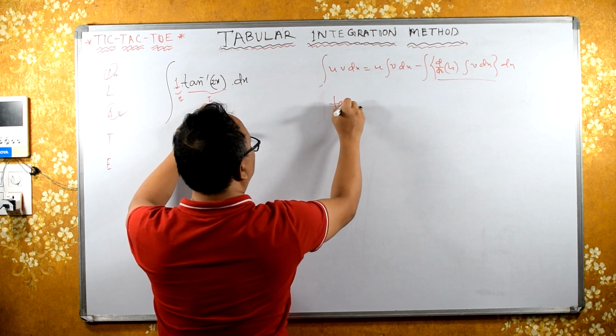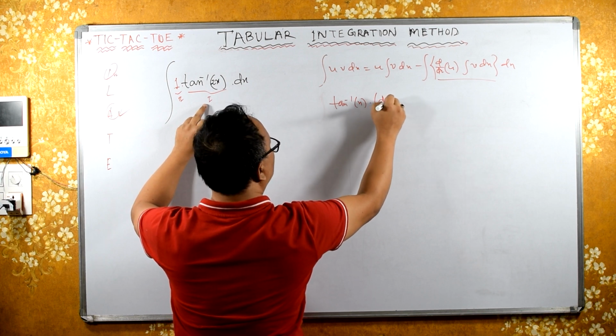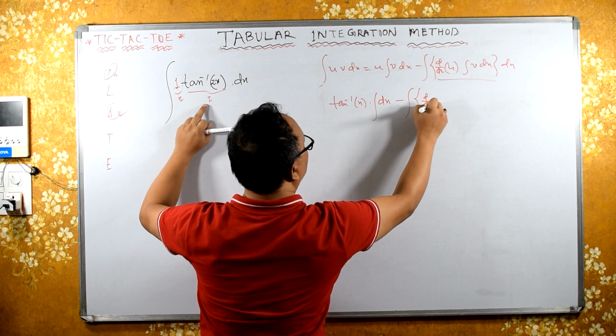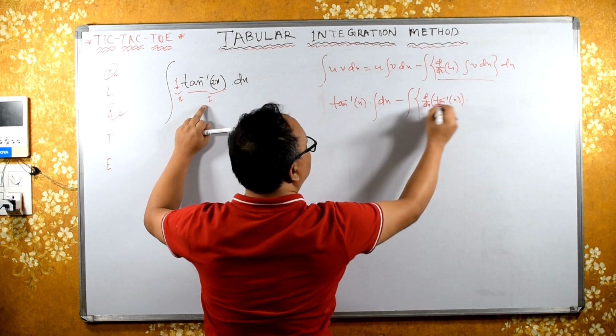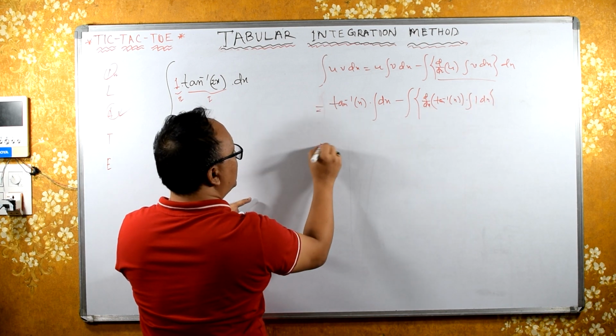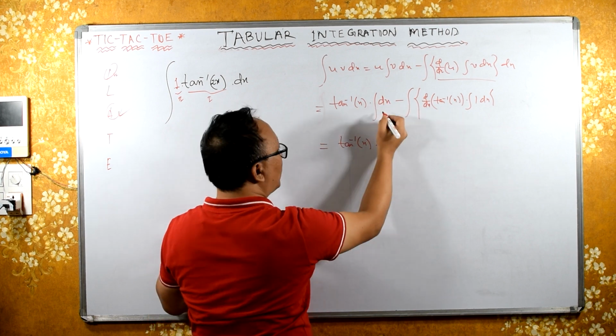We have tan inverse x integral of 1 dx, minus integral d by dx of tan inverse x and then integral of 1 dx, is equal to tan inverse x, and this is x.